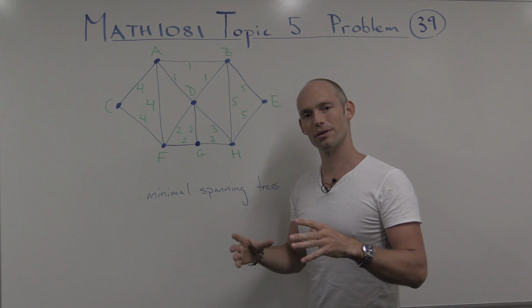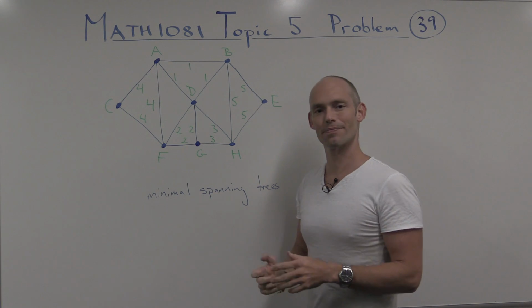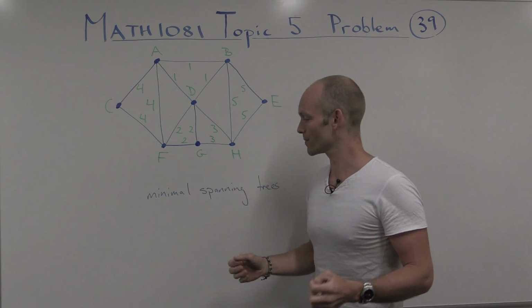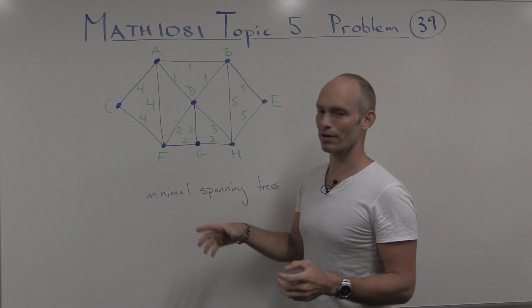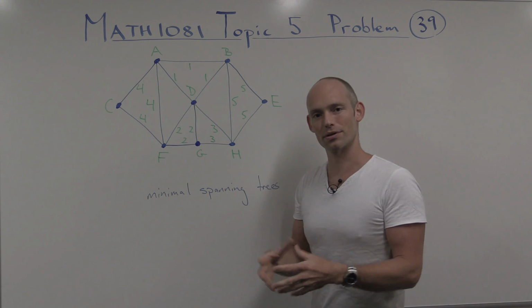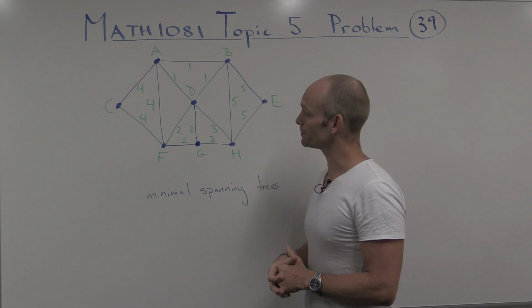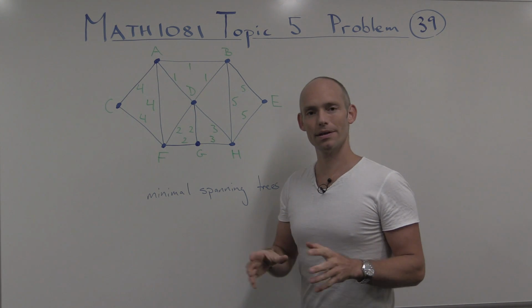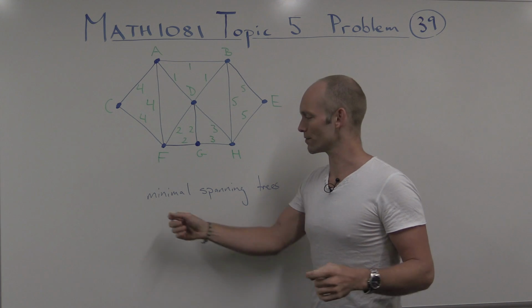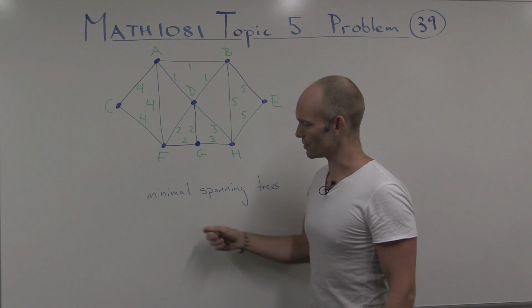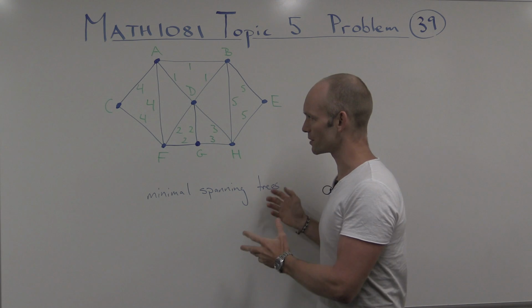If we have a cycle, then we could have dropped one of the edges and saved a bit on cost. And it's minimal because we want to find a spanning tree with lowest cost or lowest number of kilometres or whatever. Now, that's sort of a global sense of minimal spanning trees, or as we say, just minimal spanning trees.